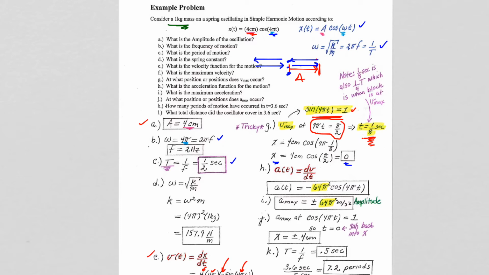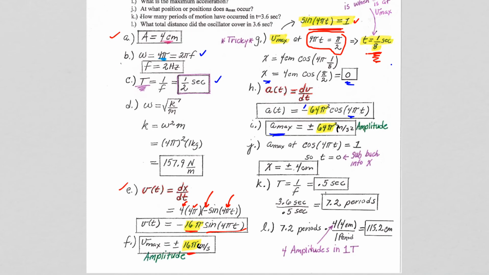We're going to continue now to put our calculus into action. We take the derivative of the velocity function. The derivative of sine is cosine, and the negative stays. We get cosine theta d theta, so that's why we get an extra 4 pi out here, which gives our 64 pi squared. A max is 64 pi squared, and this should also be in centimeters if I didn't change my 4 to centimeters. A max will occur when the cosine function equals 1, and that occurs at theta equals 0.